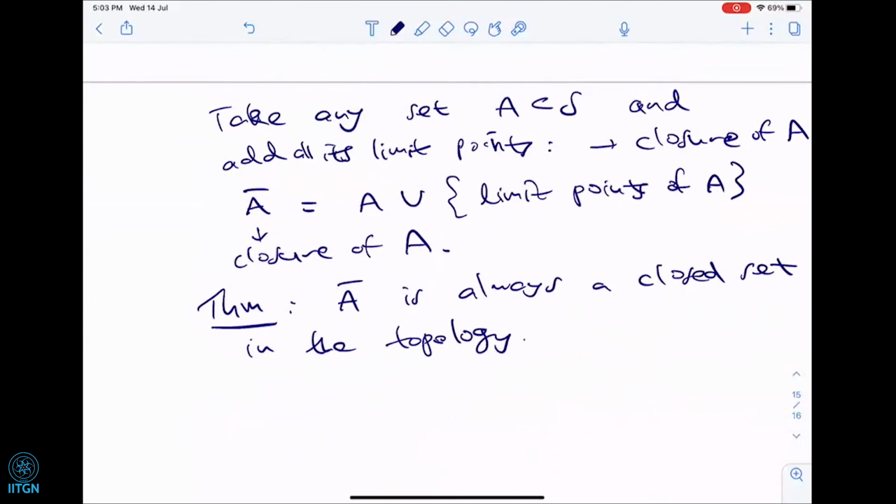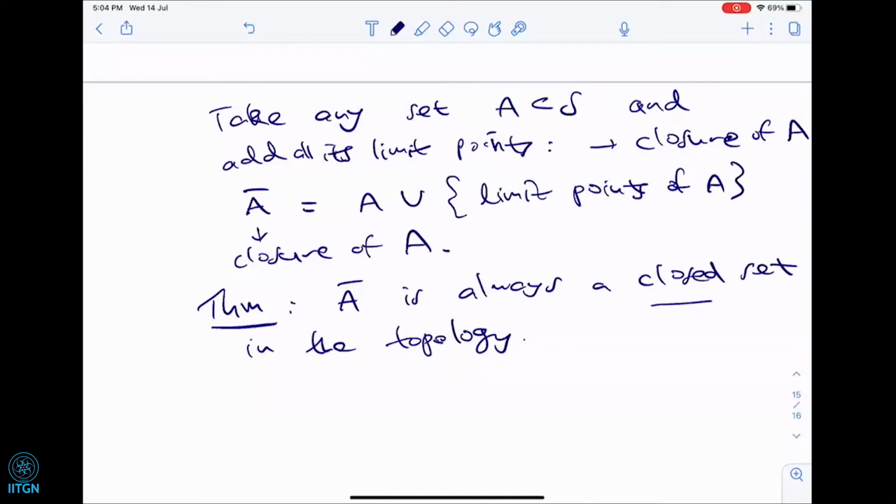Now I take the union of A with those limit points. Now what should I do to prove that A bar is closed? I should look at its complement and prove that the complement is open. Closed set has one and only one meaning in topology. It's the complement of an open set. Again, from your intuition, you may have thought it's something else, and it is many other things, partly because of theorems like this. But the definition in topology is that it's the complement of an open set.